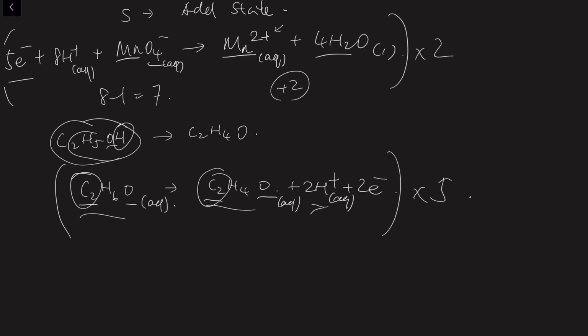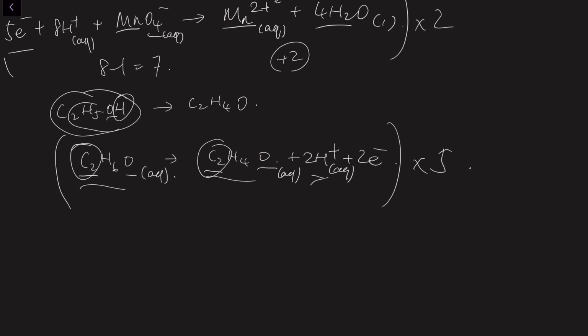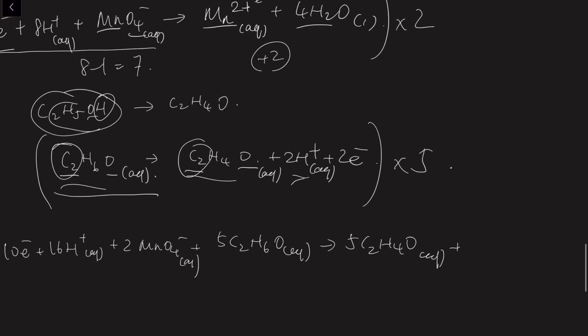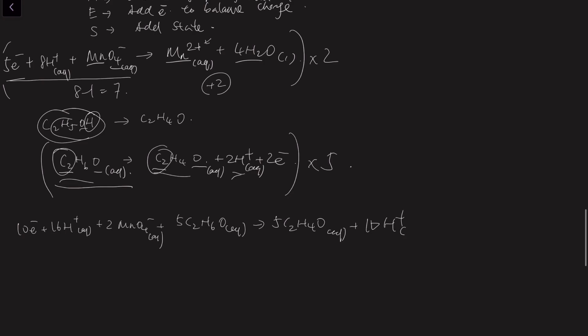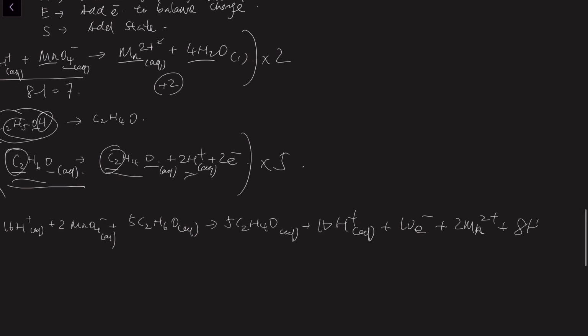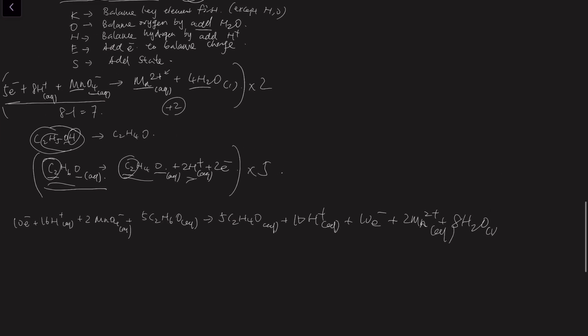And now let's combine them together. So on the left hand side, we have 10 electrons plus 18 hydrogen ions, 5 ethanol. So this is what we have.